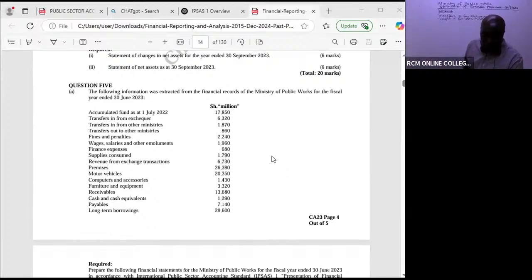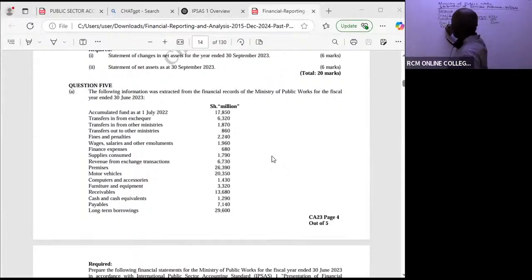Then we have fines and the penalties. This is our revenue. Fines and the penalties, 2240. After that, ladies and gentlemen, we have revenue from exchange transactions.